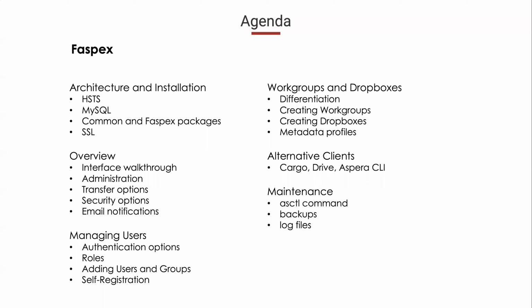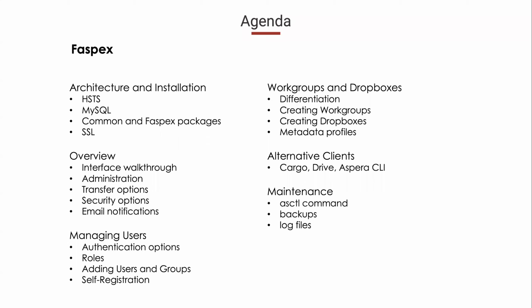Faspex is a user-to-user type of interface, very widely deployed for distribution use cases. In other words, sending a set of files to one or more recipients, but also for submission or ingest use cases. An easy web application interface that lets folks send content in through a simple web browser.